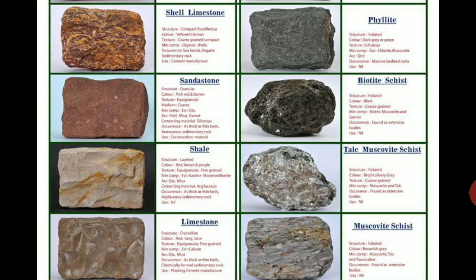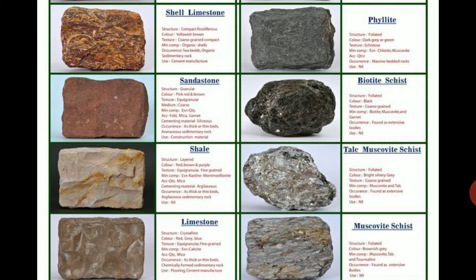Mineral composition: essential mineral is quartz. Accessory minerals are feldspar, mica, and garnet. Cementing material siliceous. Occurrence as thick or thin beds, an arenaceous sedimentary rock. Use: construction material. As a construction material, we can use this sandstone.